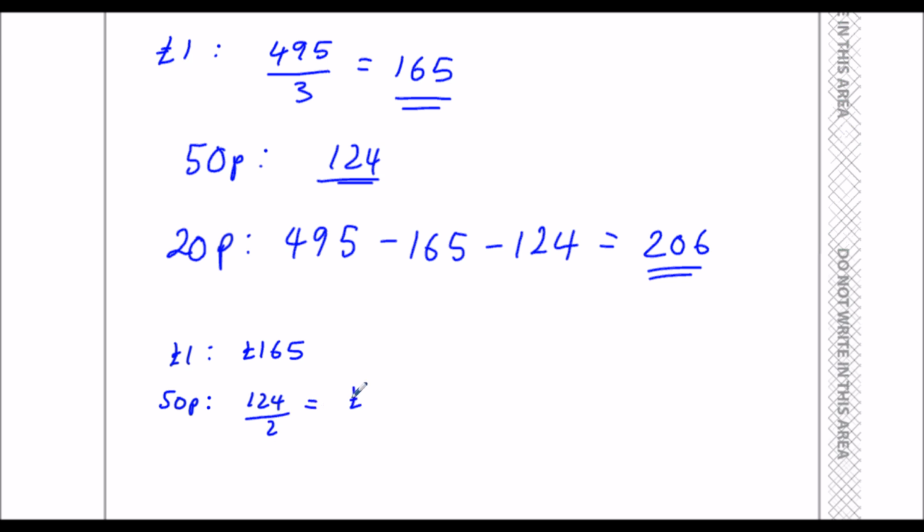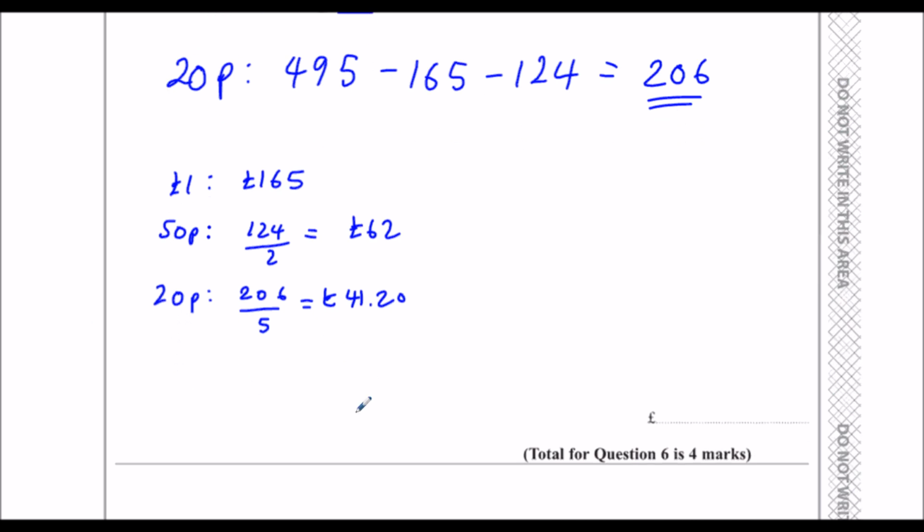So that's £62. And for the 20p's, we've got 206 of the coins. And then we can either say 5 of those make a pound or times 0.2. Either one of those again. And we should get £41.20.